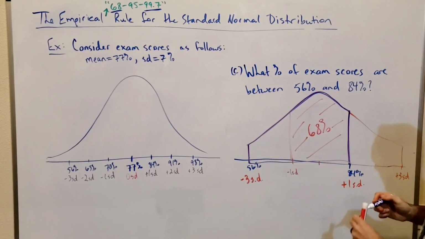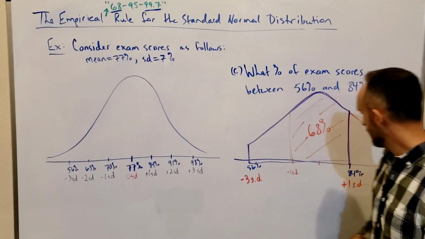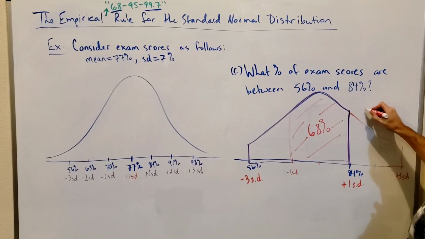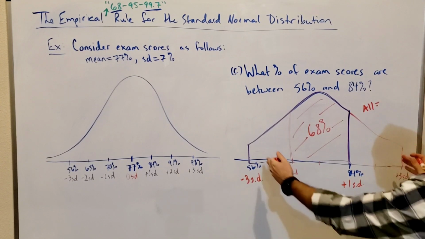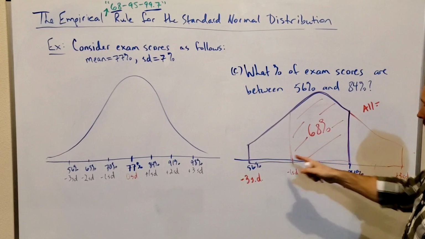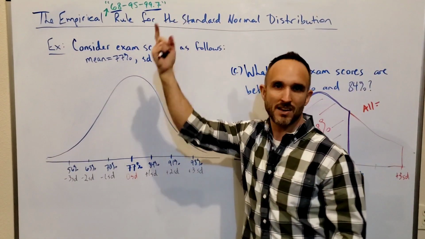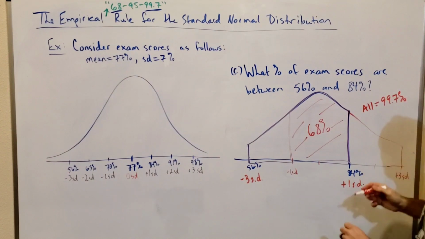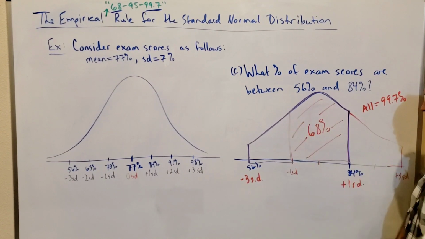I'm interested in that. So a couple of different things. If I were to look at all of this together, all of the percentage from -3 to +3, well, that's the 99.7%. And what I want is this purple region.